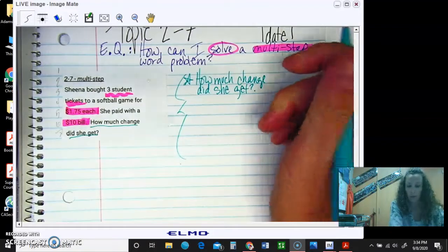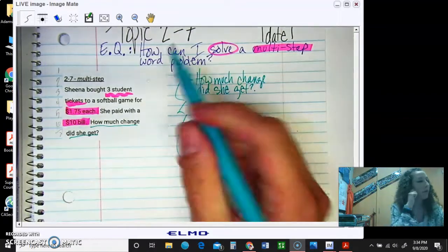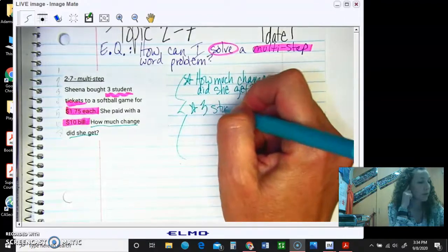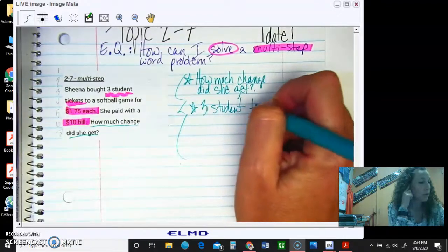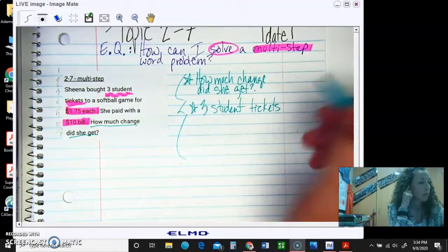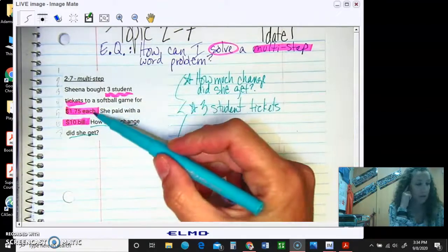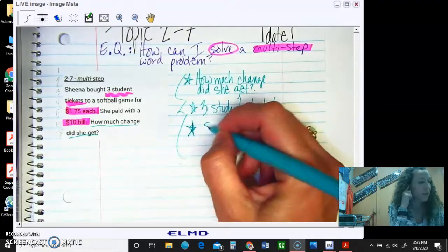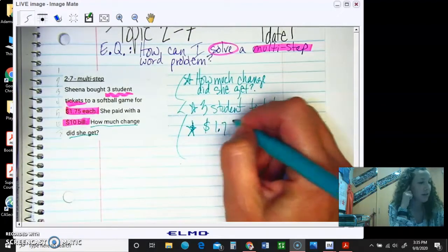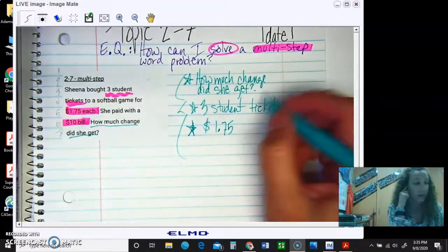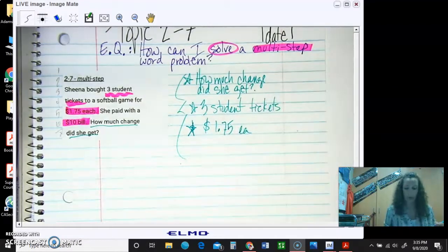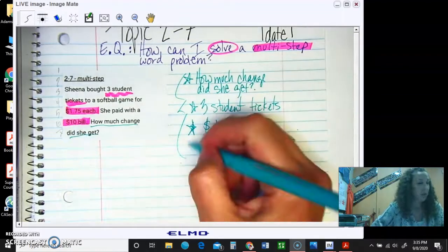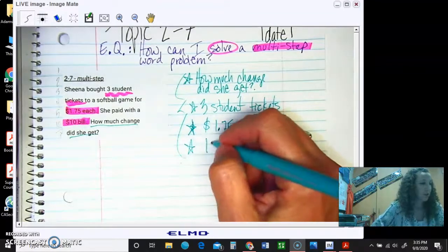Then I ask, what other important information? She's buying 3 student tickets, and they're $1.75 each. Star, and then the dollar sign, $1.75 each. What else? Ah, yes, our $10 bill. That's what she is starting with.